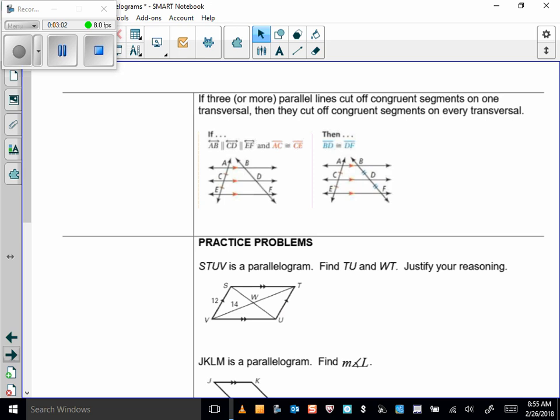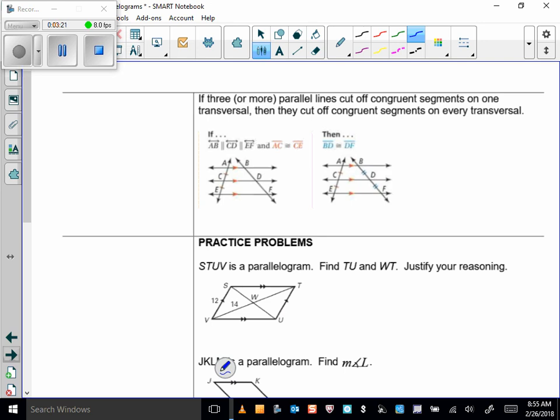And then we have another little theorem here that seems like it's out of place. It says if three or more parallel lines cut off congruent segments on one transversal, then they cut off congruent segments on every transversal. And as I said, well, what does this have to do with parallelograms?